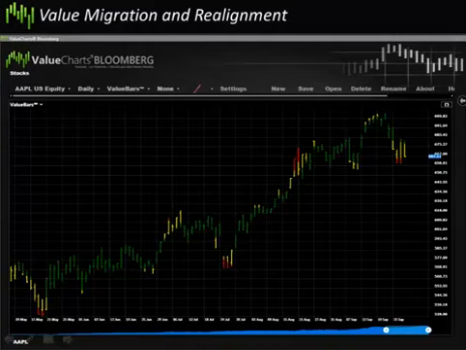And it's important to understand, especially after a report or a new announcement that affects either macro fundamental conditions or specific conditions relating to the market that's being evaluated, that the buyers and sellers have to understand or renew their value opinion on the market. And that can cause a valuation shift. It can cause value migration and realignment in the pursuit of looking for fair value across all time frames.